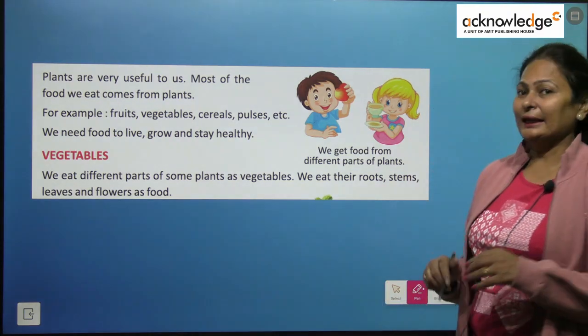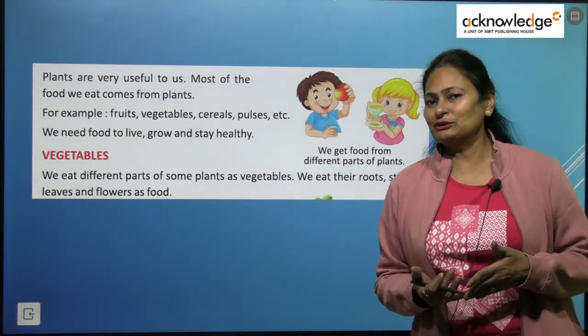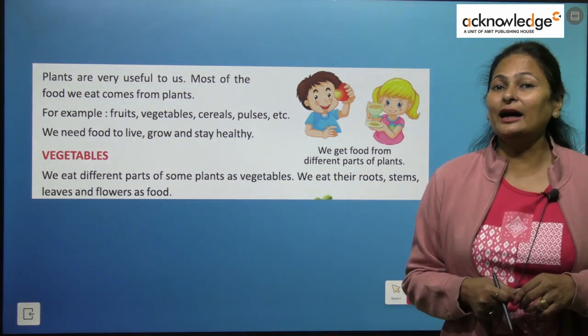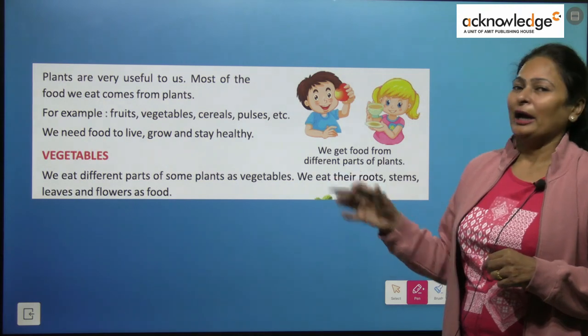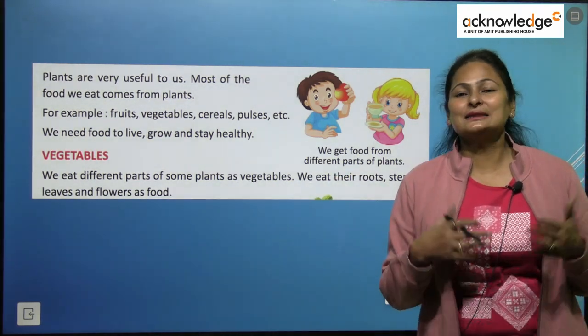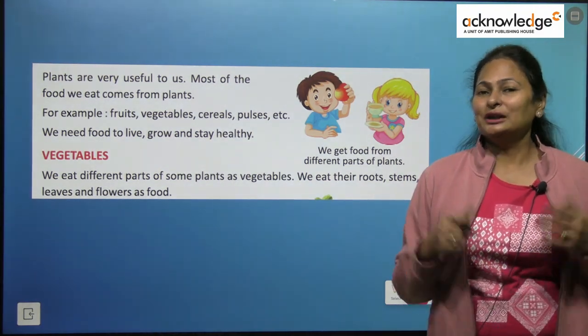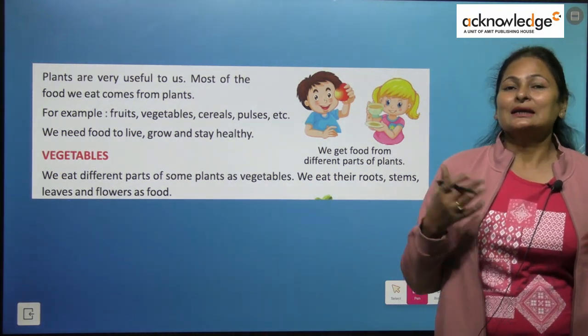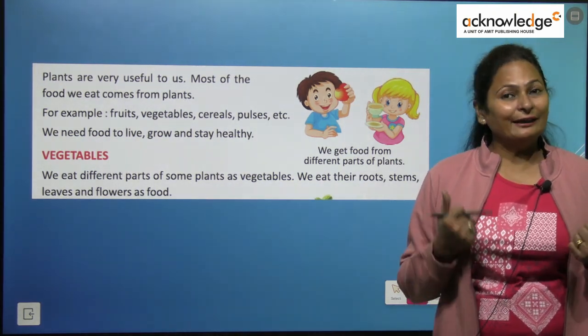Vegetables. We get different types and different colors of vegetables from plants. Vegetables are very healthy to eat. Yes, and we eat different parts of the plants as vegetables. We eat fruit, roots, stems, flowers and leaves too.